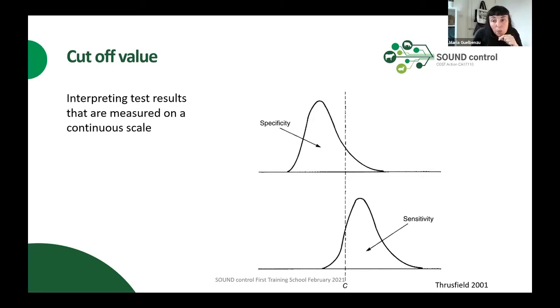So for these continuous test variables, when we decide this cutoff point, so this C line, there is an inverse relationship between the sensitivity and specificity. So in the top graph here, what we see is the frequency distribution of a variable in a healthy population.